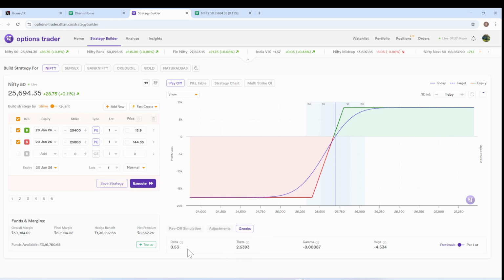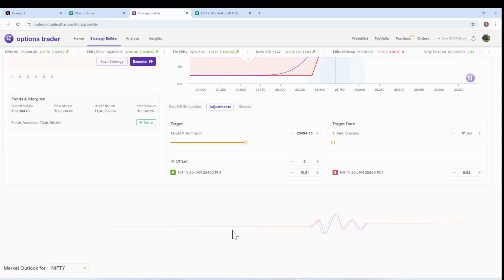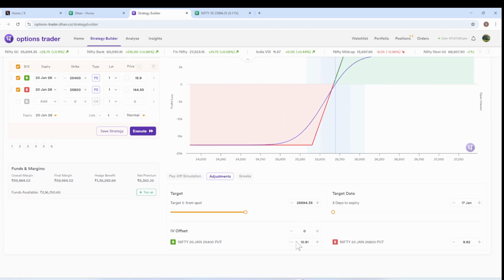check the delta and gamma value, and you see everything is in your favor. Not only payoff, adjustments, if you see the adjustment, and if you set the IV, you will come to know.